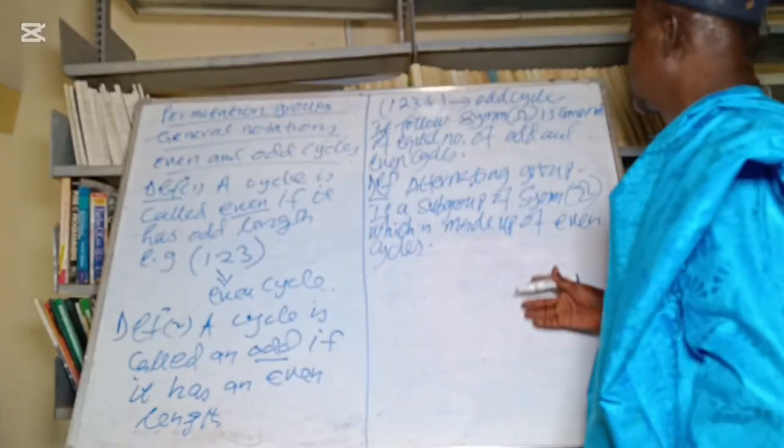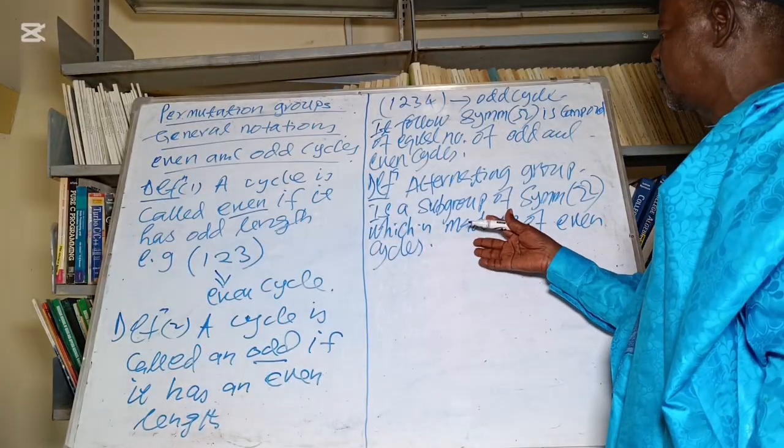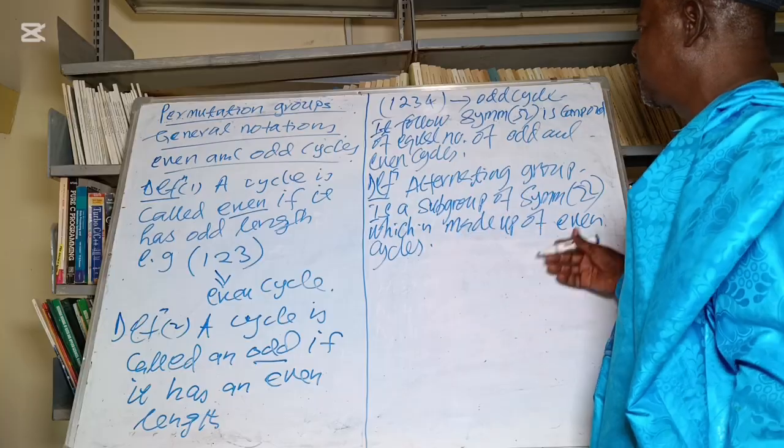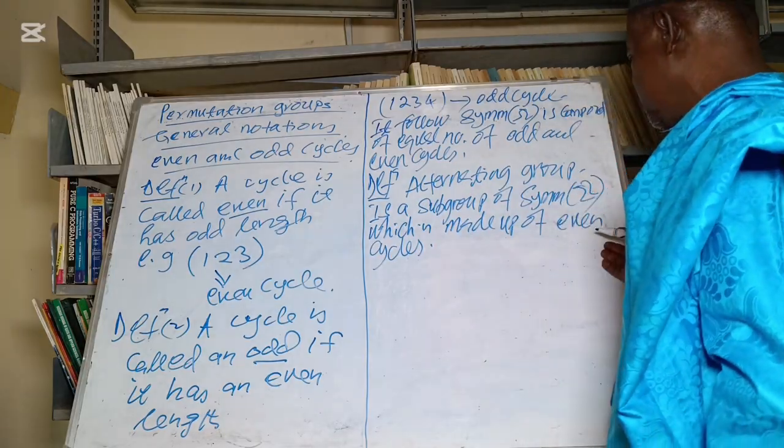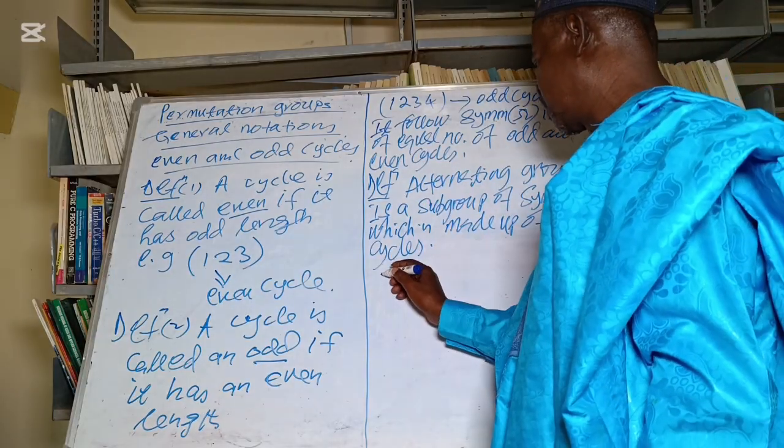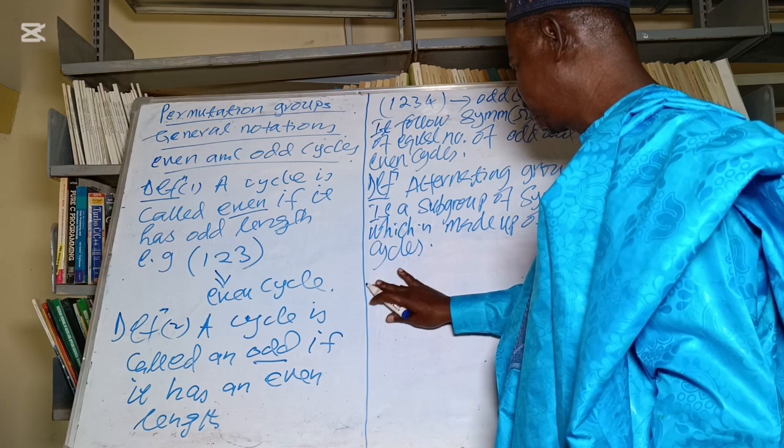So all the elements are even, and if you combine them together, they will give you an alternating group.